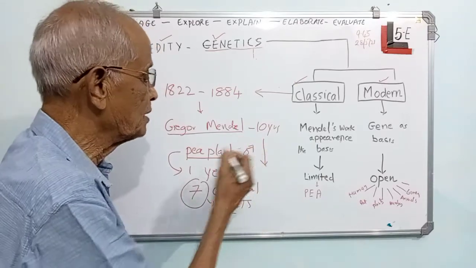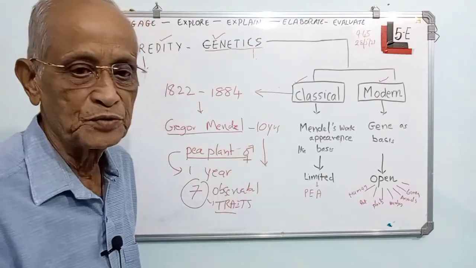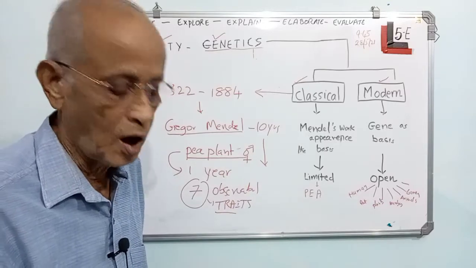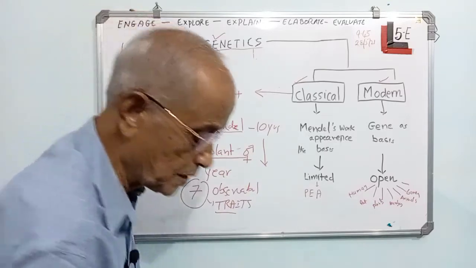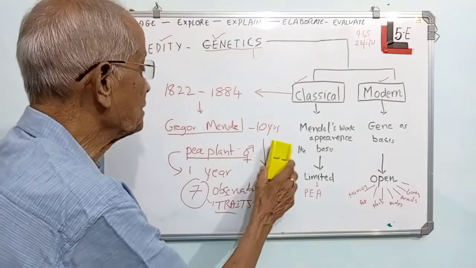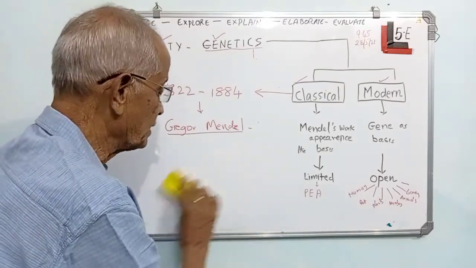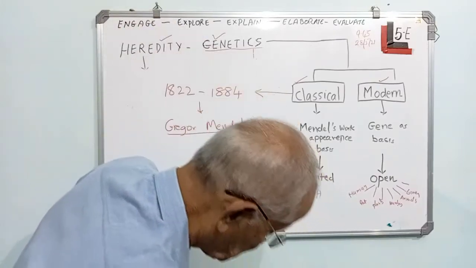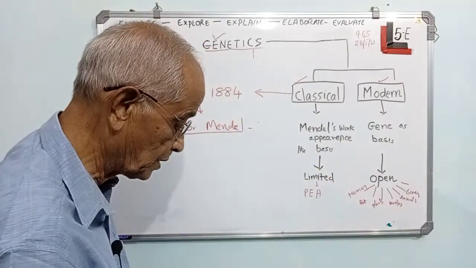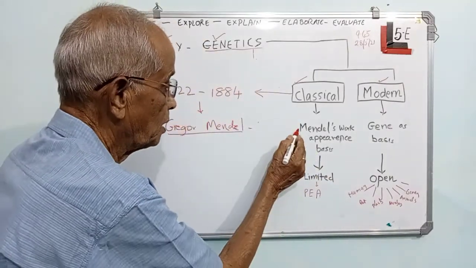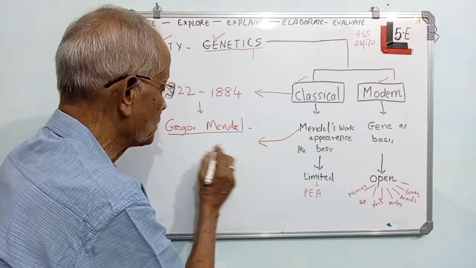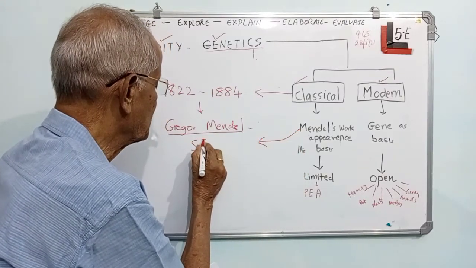He must have seen more than 30 to 40,000 generations of the pea plants. While doing all this, he came out with a scientific model, what is normally called the study model.